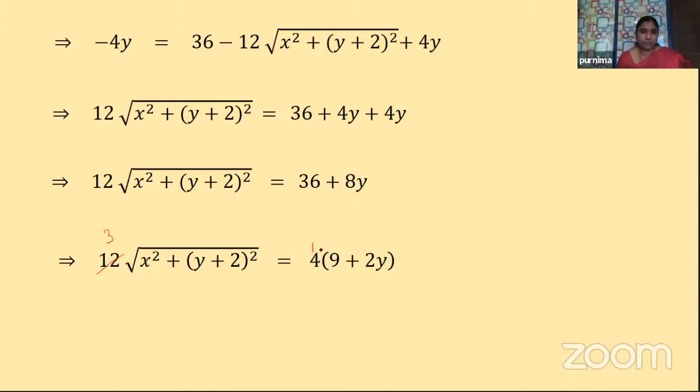What is the left equation? 3 into under root of x square plus (y plus 2) whole square is equal to 9 plus 2y. So this is the equation that is left.